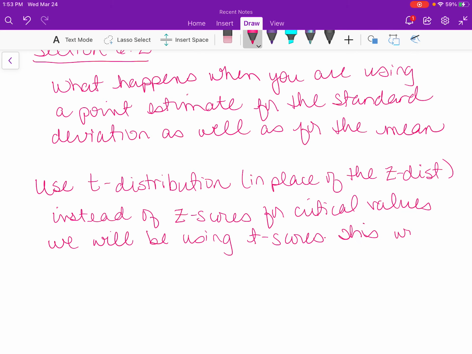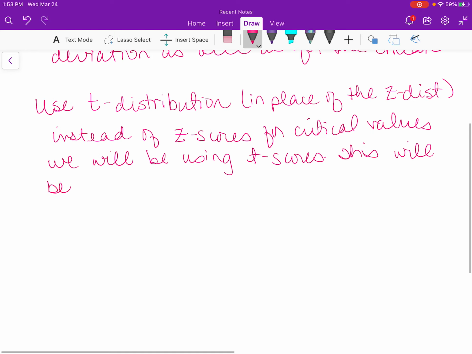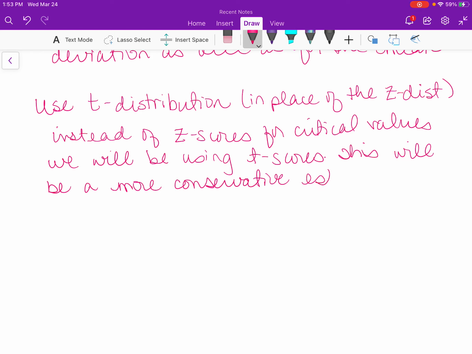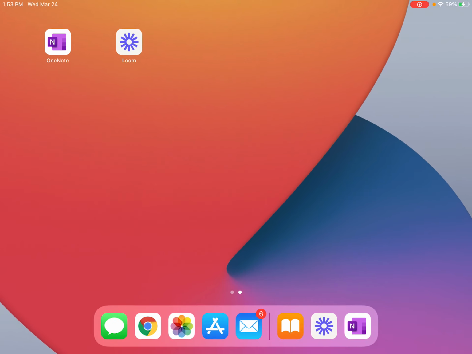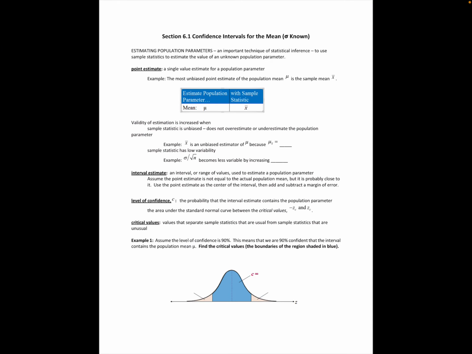This will be a more conservative estimate for the interval, since sigma is being estimated by S. So we want to look at what the differences are before we get into this between the t distribution and the z distribution.